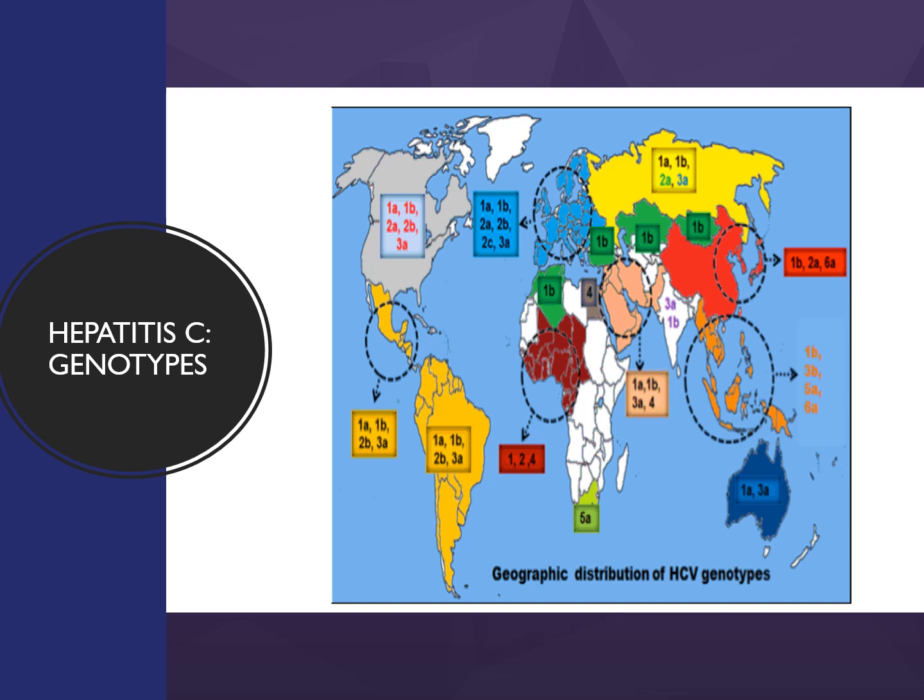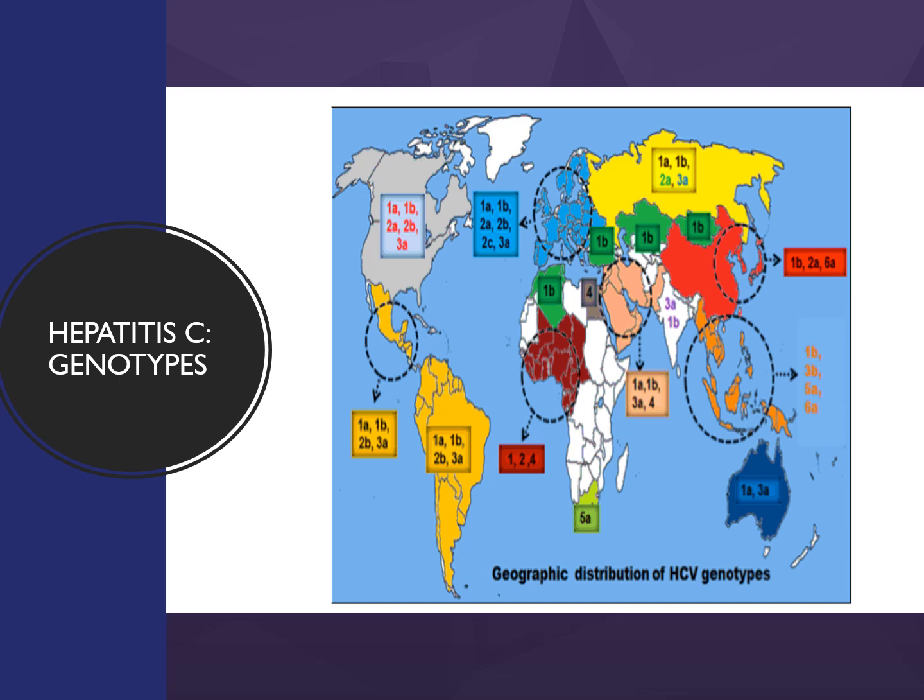As you see here in this chart, depending on where the patient resides, or where they contracted the virus, may determine what type of hepatitis C. It becomes important when we think about treatments for patients. It's not that one type is more aggressive than another. It is based off of treatment and the length of treatment.